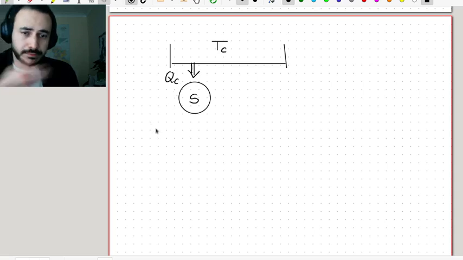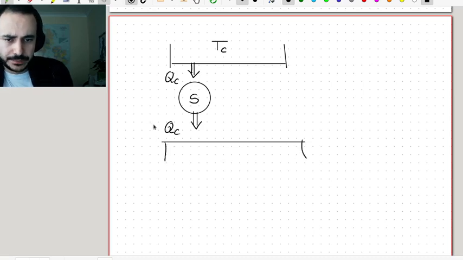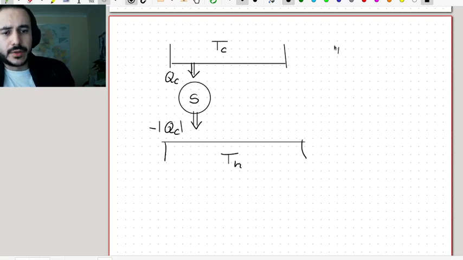This is positive because it's entering my system, and I can take that heat into another heat source. In this case, the heat is going to be negative, so we can make it explicit, writing minus its absolute value. It goes into a reservoir at temperature T hot, which is larger than T cold. Okay, so this is a violation of Clausius' statement of the second law.